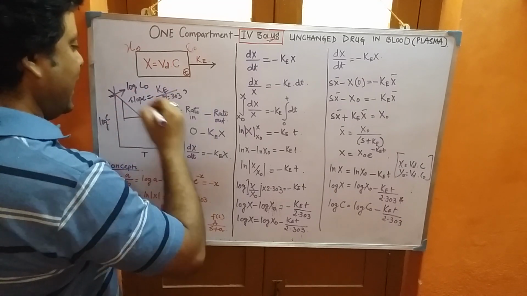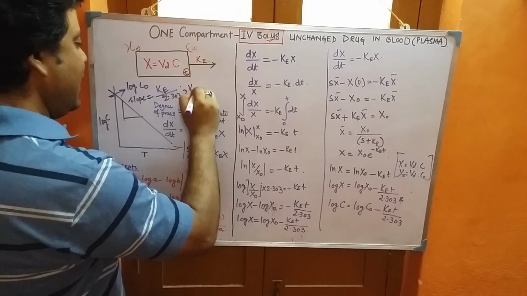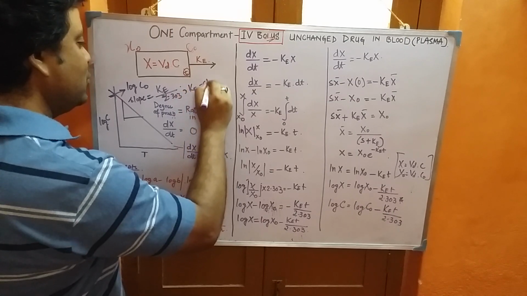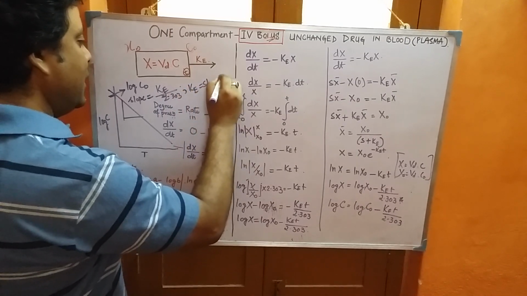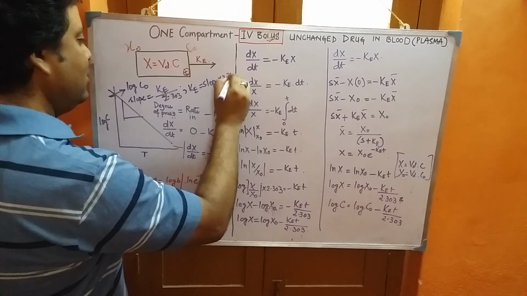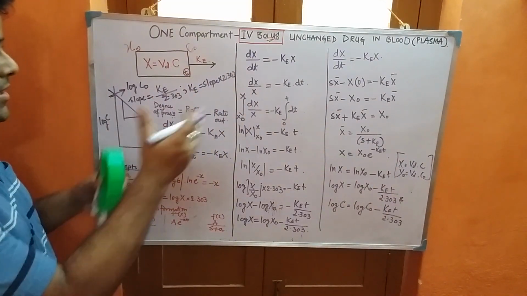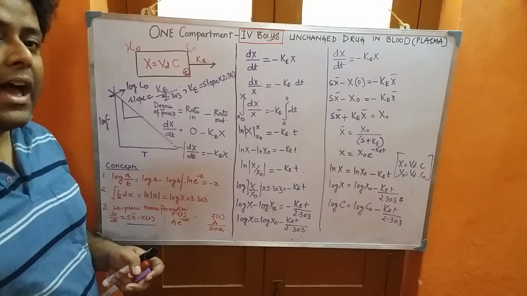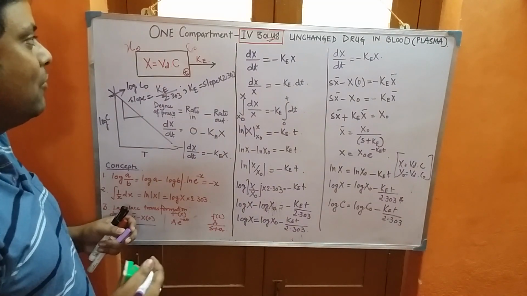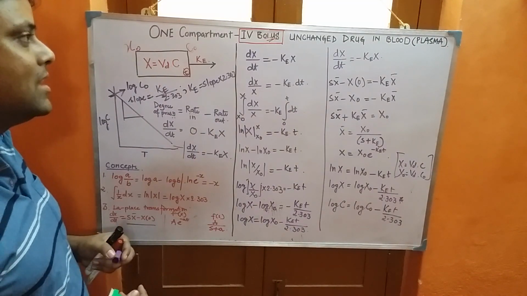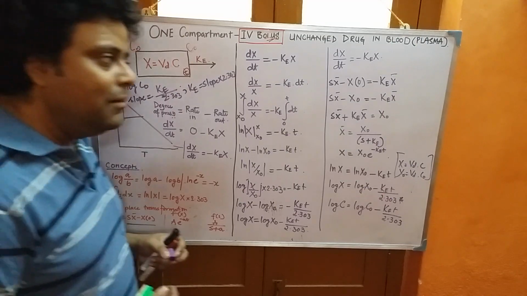So we can say that Ke equals slope multiplied by 2.303. In this way I can derive the equation of one compartment IV bolus for unchanged drug in the plasma.